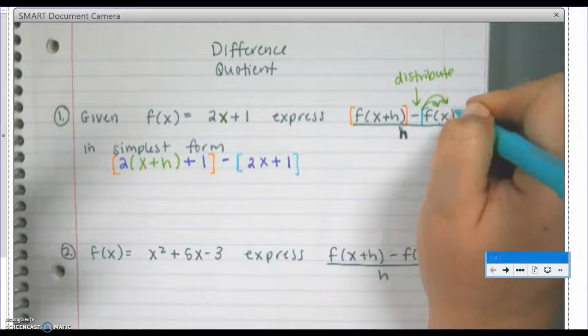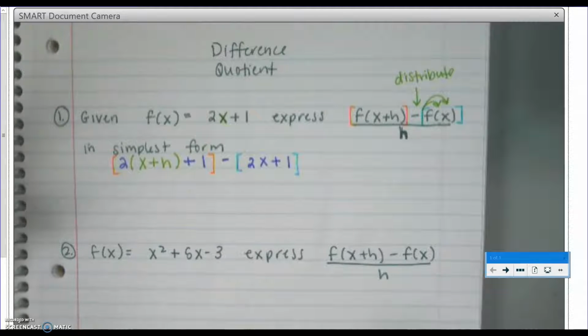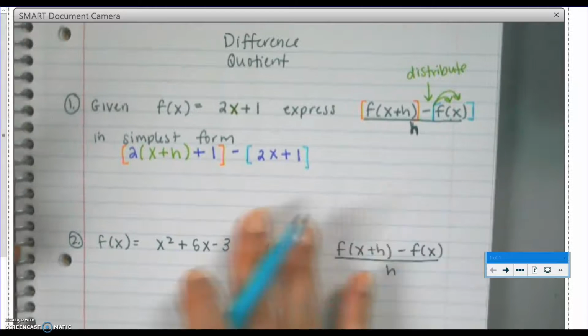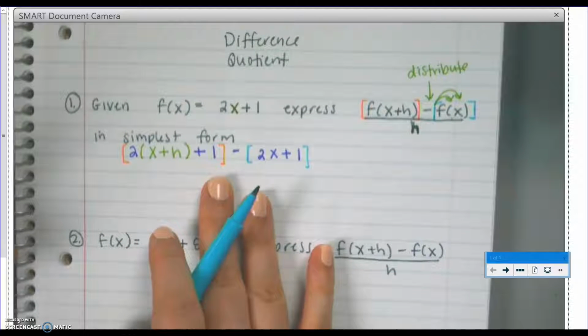So there's the f of x. All right, and we are going to be dividing this all by h. I prefer just to simplify everything in the numerator, and then when I'm done with the numerator, I write my fraction. So I'm just going to distribute and combine like terms and do whatever I can with this.